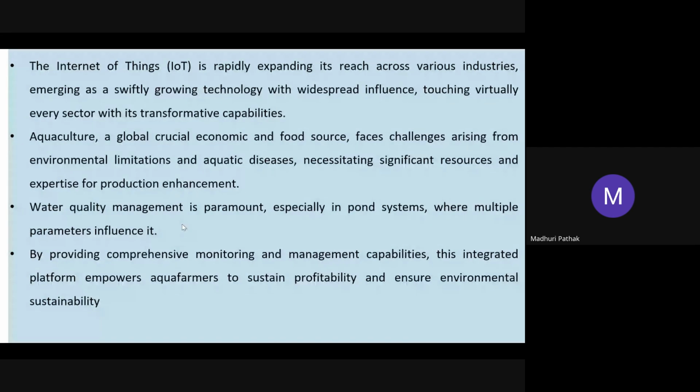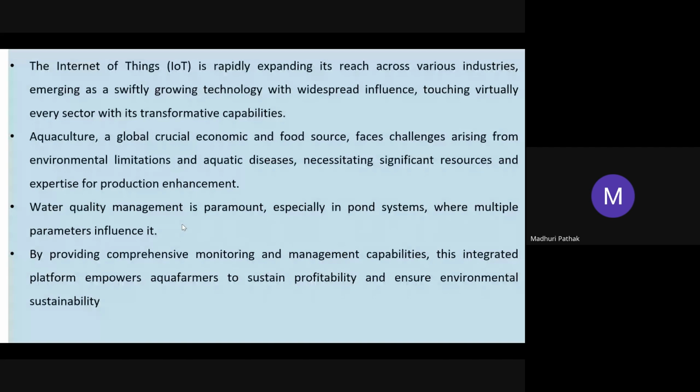By providing comprehensive monitoring and management capabilities, this integrated platform, which platform? The smart aquaculture techniques, can empower aqua farmers to sustain profitability and ensure environmental sustainability. Why do we say environmental sustainability? Because aquaculture also gives rise to some kind of pollution, water pollution.